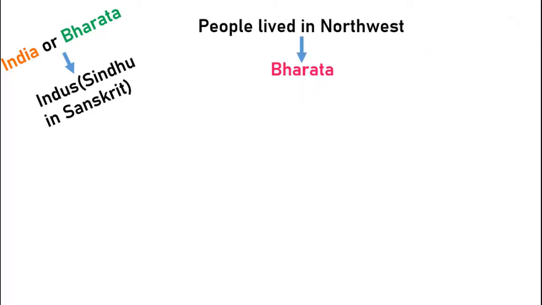The people who used to live in the northwest were called Bharata. The Greek people used to call them Bharata. And the Greeks, who were very familiar with the Indus river, called it Hindus and Sanskrit.